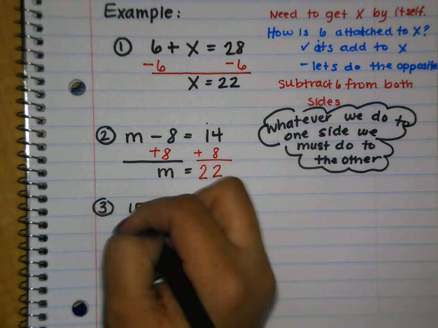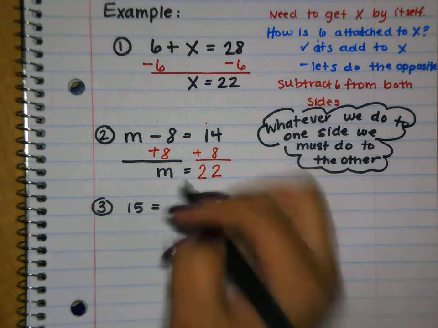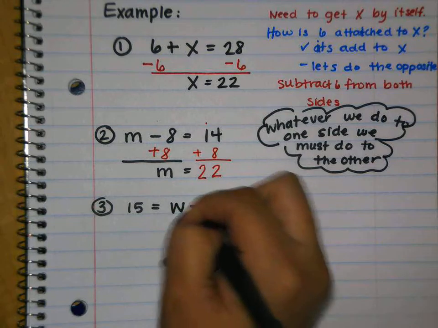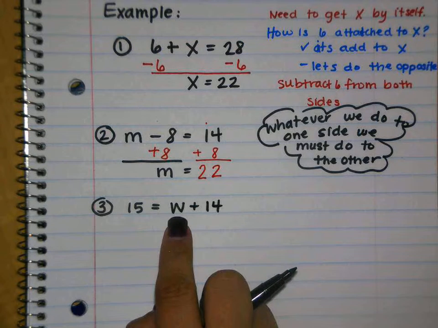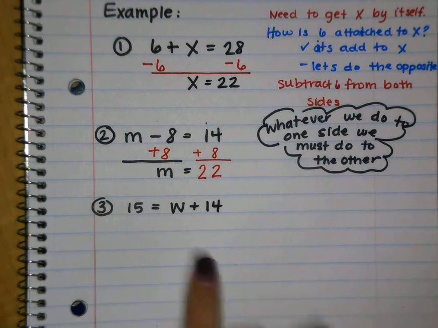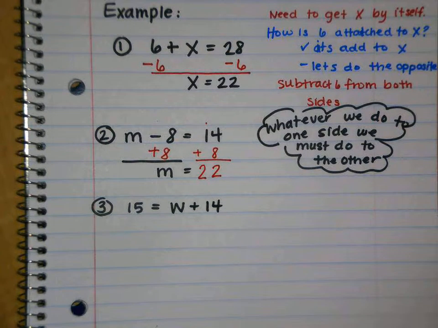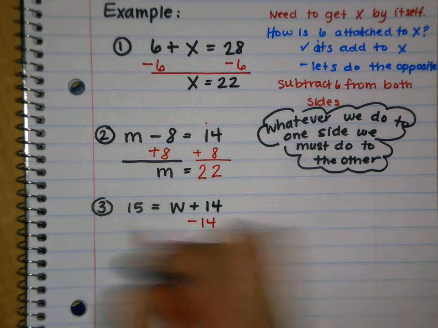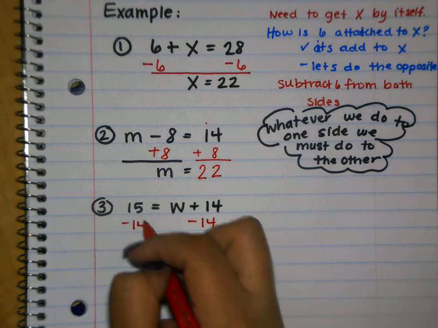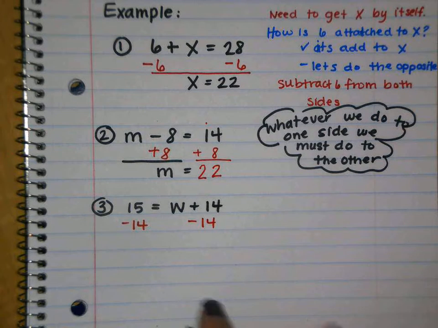If I have 15 equals W plus 14, I'm going to solve for W. So I need to be able to get W by itself. We're going to say, how is W attached to 14? Well, I added 14. So if I added 14, I'm going to subtract 14 from both sides, because like our little cloud says, whatever we do to one side, we must do to the other side.